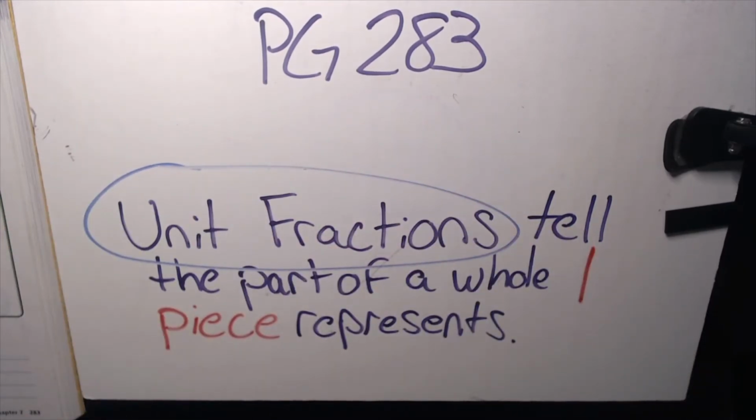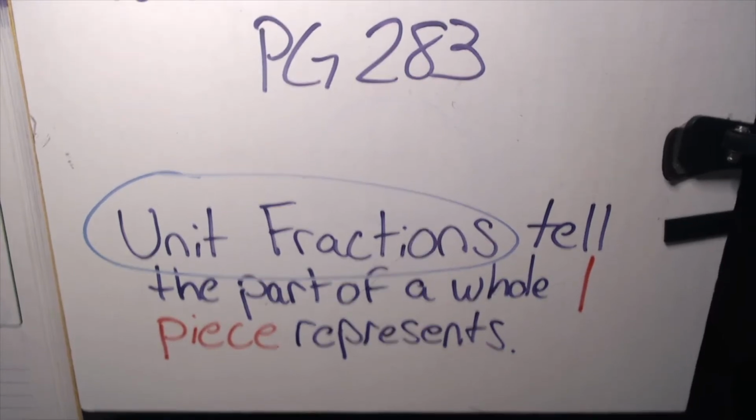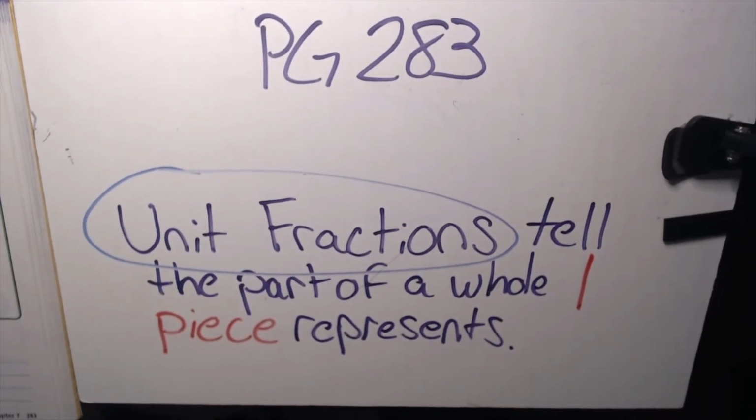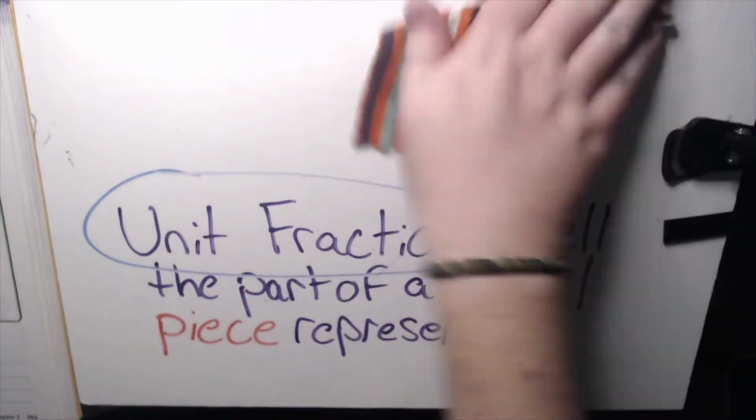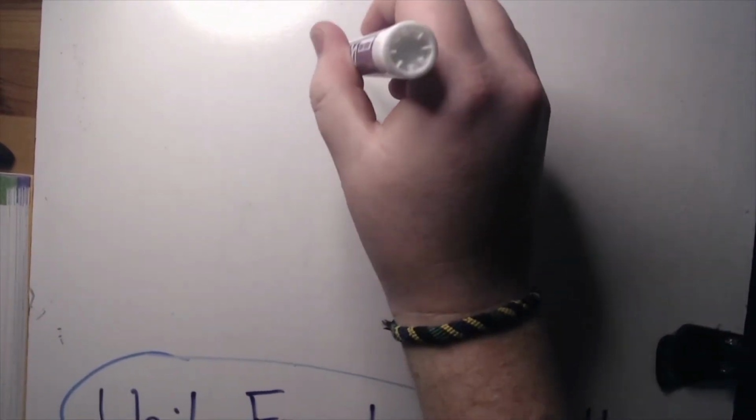A unit fraction tells the part of a whole one piece represents. Now, I know that sounds like just a fancy definition, and that's not really helpful right now. So let's erase our stuff up top and go over what that unit fraction really is. Let's go back to our pie example.